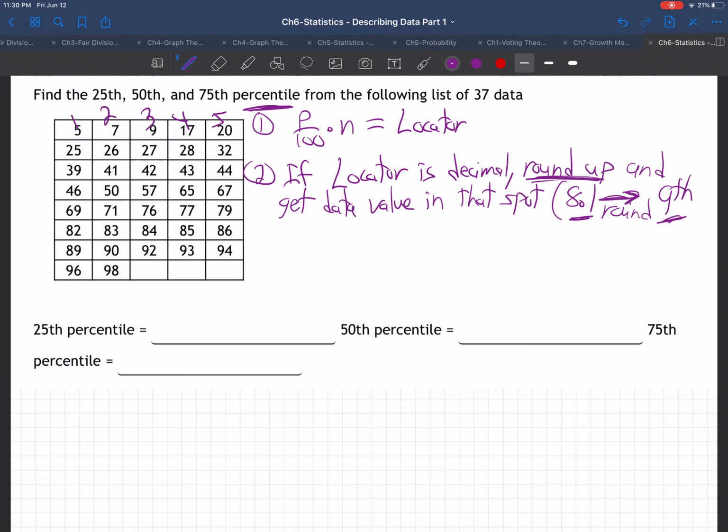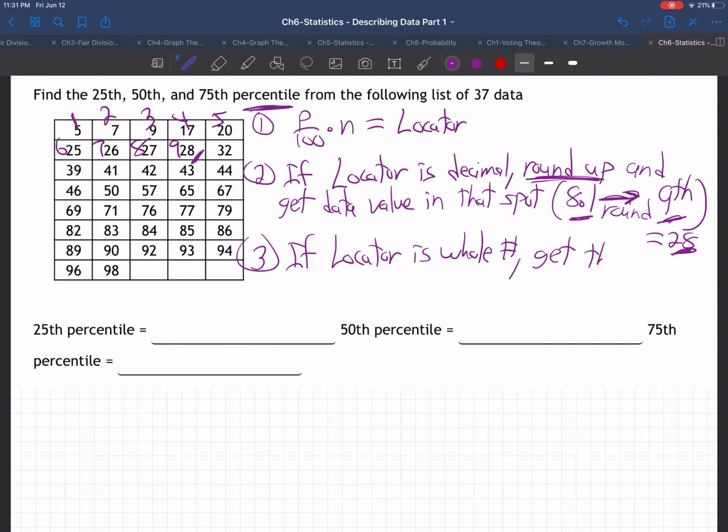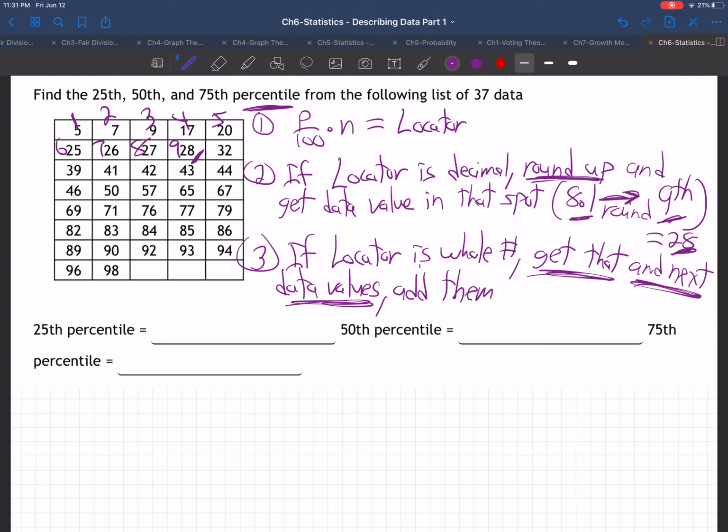Now, step 3, what if the locator is a whole number? If the locator is a whole number, then get that data value and the next data value, add them, and divide by 2.